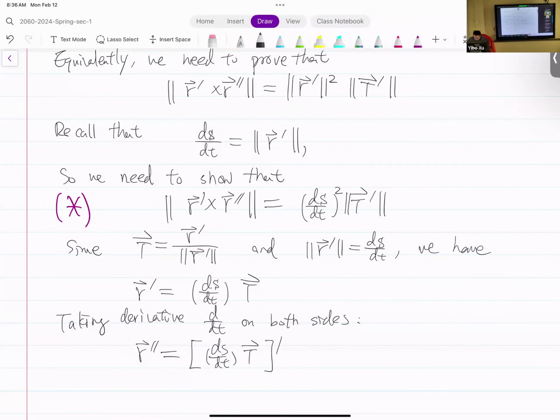The whole thing, taking the derivative: this is the derivative of the first, the second derivative of the arc length, multiplying by T, plus the first times the derivative of the second. Okay. So here, this notation is the Leibniz notation for just s'' taking the second derivative.